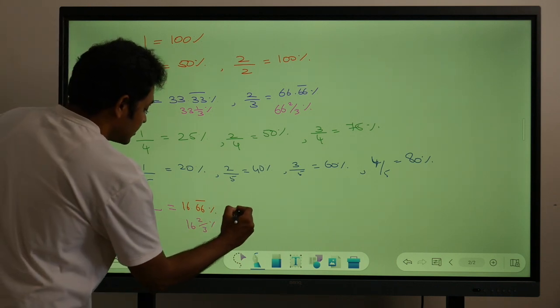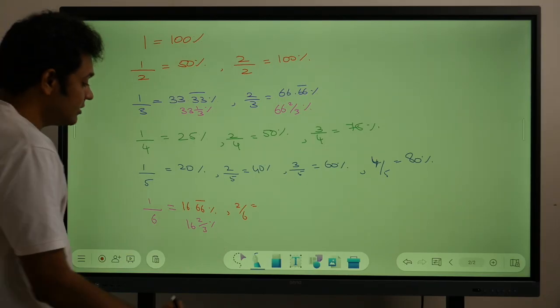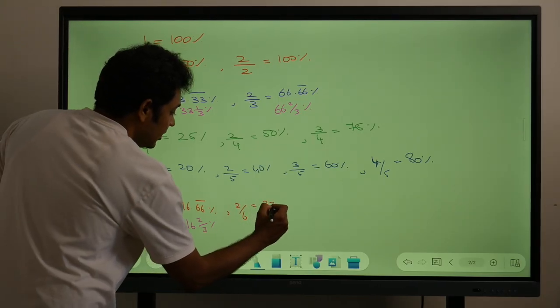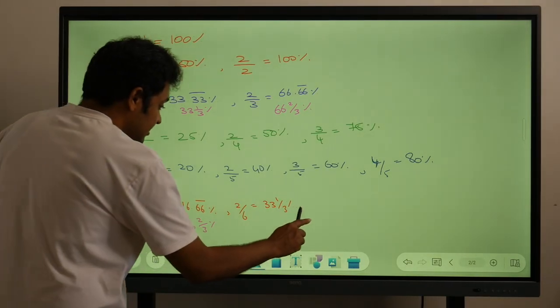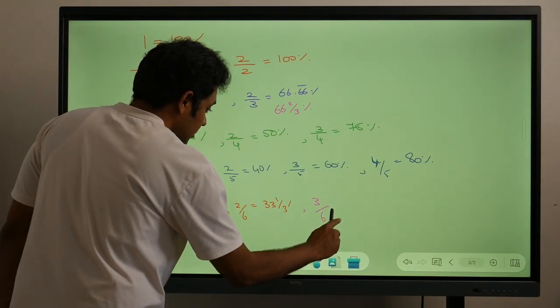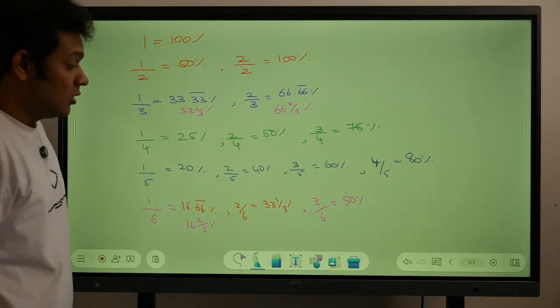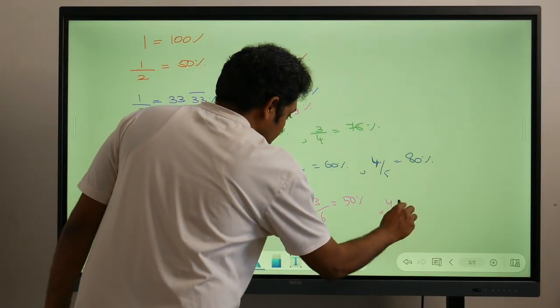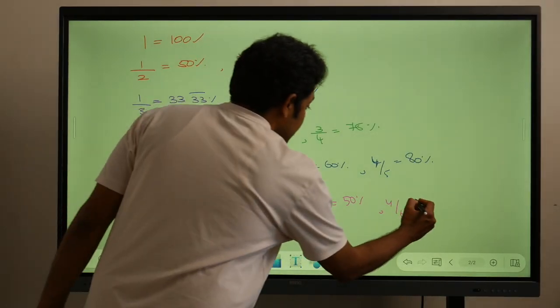Therefore, what is 2 by 6? Double of this, which is nothing but 1 by 3? 33.33% or 33 1 by 3%. What is 3 by 6? Which is 1 by 2? 50%. What is 4 by 6? Which is nothing but 2 by 3? 66 2 by 3%.